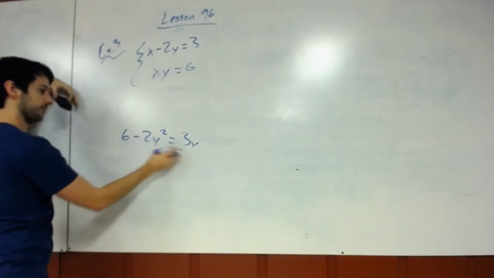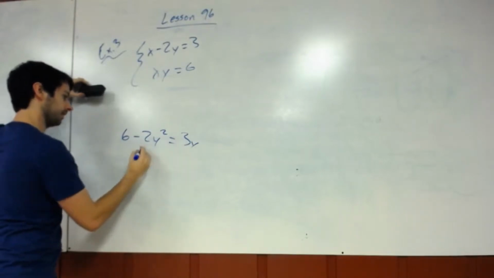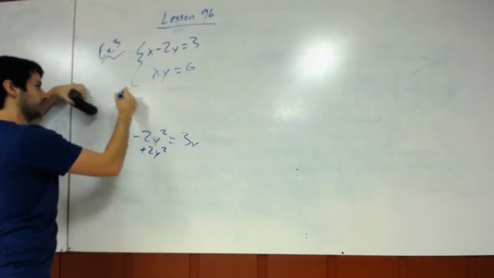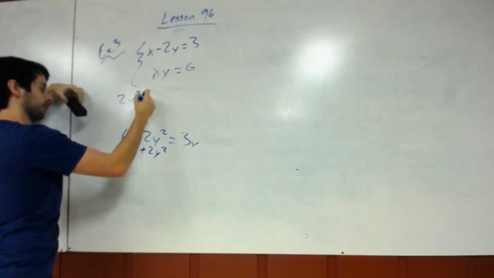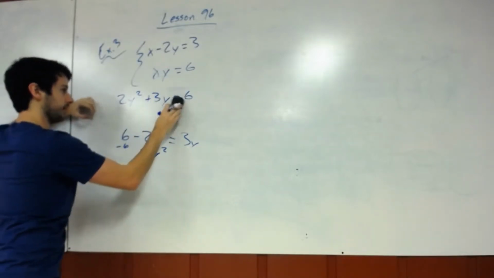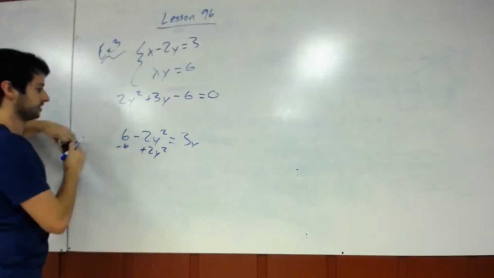We know we're going to have to factor because we have two different variables, y squared and a y. Add 2y squared, subtract 6, so we get 2y squared plus 3y minus 6 equals 0. So now we're at this point.